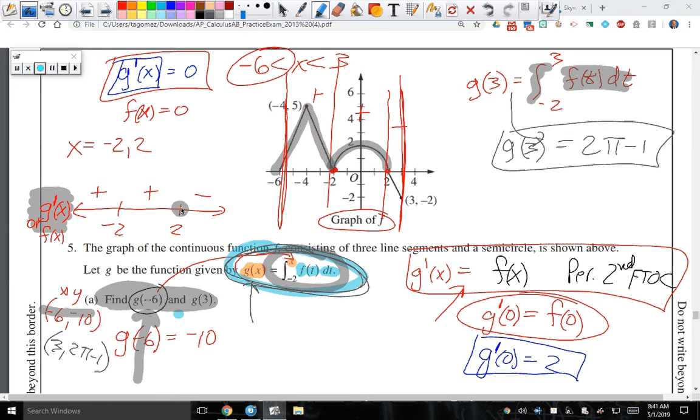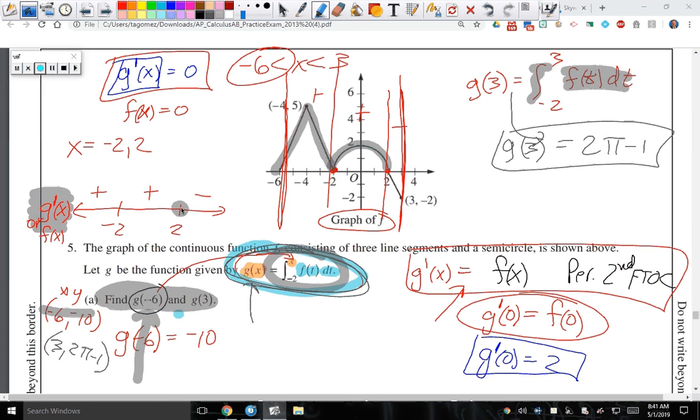And then you would say neither at x is equal to -2 because the signs don't change. But you've got to say the signs of f of x or the signs of G prime of x. How's that?